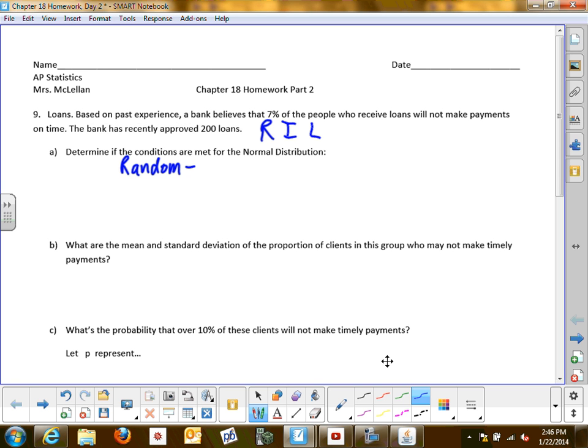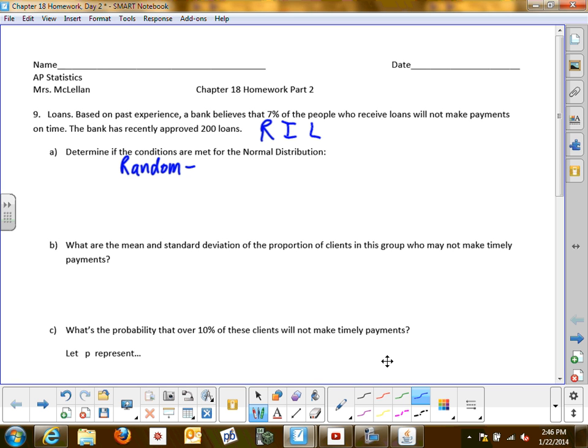Oh, and by the way, I can tell you that on a free response, you're never going to say, no, the conditions aren't met, so I will stop now. You're pretty much going to have to get to the conclusion that you might say, well, I'm a little concerned about this randomness feature and if this is really representative, but I will continue with caution, and then you go through the motions.